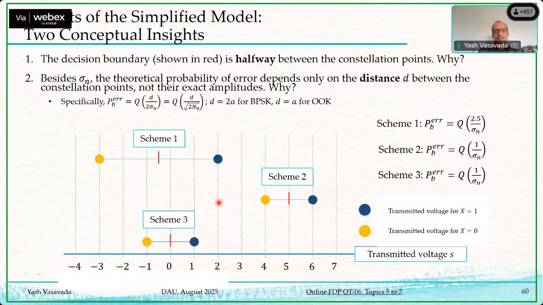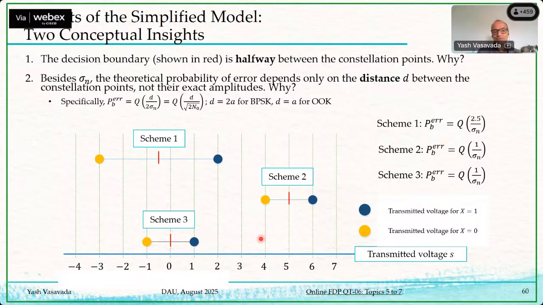What that statement says is that the decision boundary, this red colored line, we should never center it at any place other than 0.